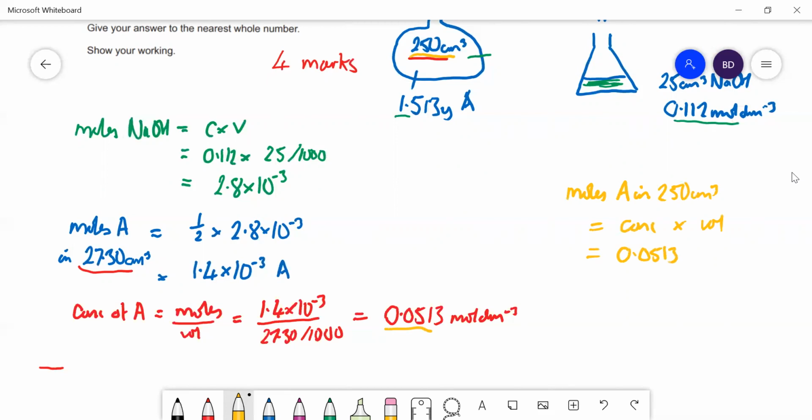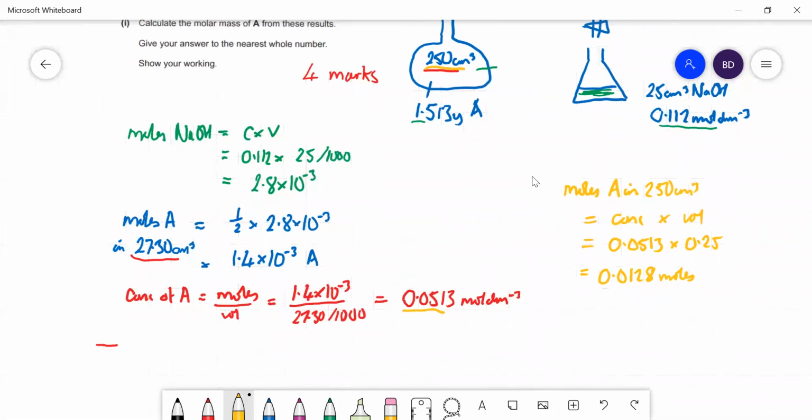The volume is 250, that's 0.25 dm cubed. So that is equal to 0.0128 moles.